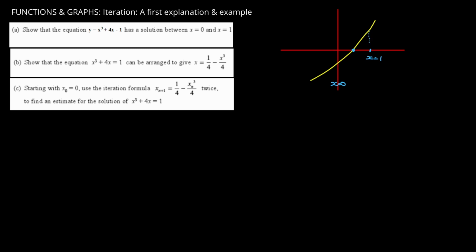If you look at the value of the function at x equals 1, you can see that it's positive. And the value of the function at x equals 0 is negative.